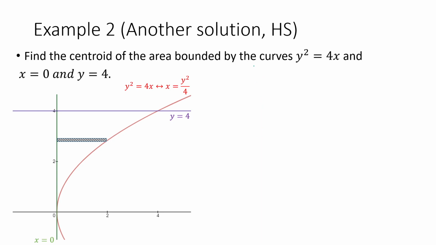Okay, so let's go now to the bar x of the horizontal strip. So bar x times the area is now equal to x sub c times the differential area.